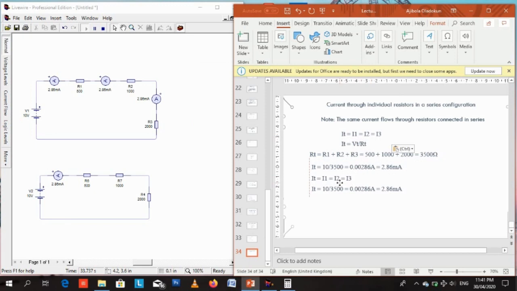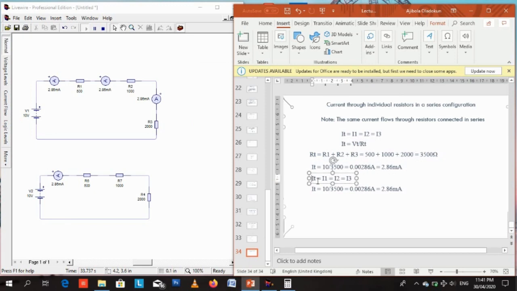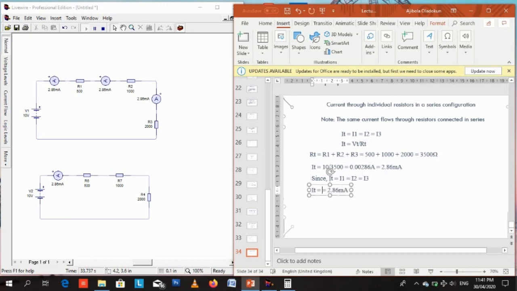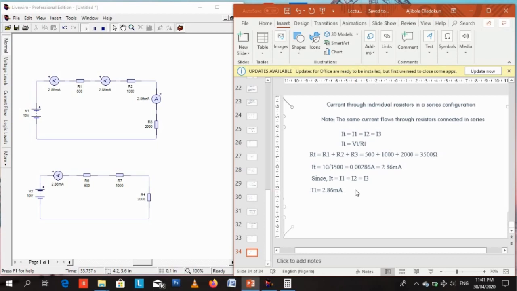So the currents through I1, I2, I3 are the same as the total current. Why? Because all the resistors are connected in series. If the resistors are connected in parallel, the current will not be the same. So if you connect resistors in series, regardless of the individual resistance values, the current flowing through all of them will be exactly the same.